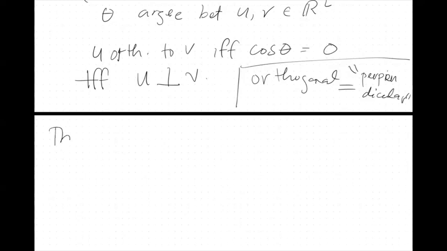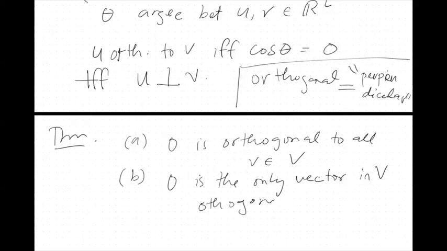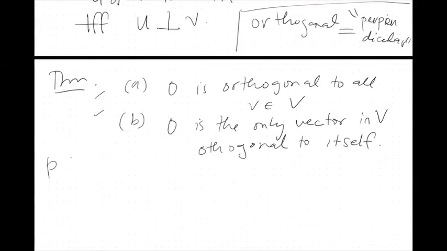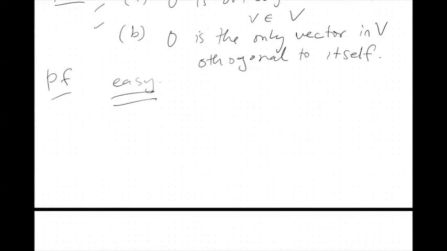Now let us consider some of the results on orthogonality. First, 0 is orthogonal to all v in the vector space. And then 0 is the only vector in V orthogonal to itself. And these are easy to follow, since all of them are by definition.